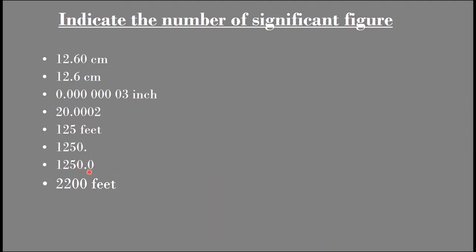These two trailing zeros are significant. The last measurement, 2200, is without a decimal point. So this is where we are not sure how many sig figs it has. For sure we know that it has two sig figs, but it may be more than two, or it can be three or four if there is any extra information given.